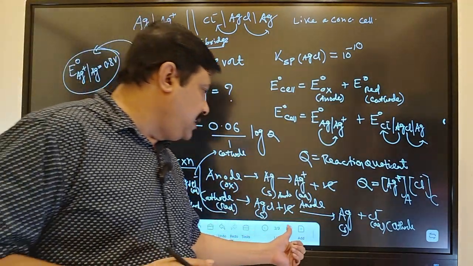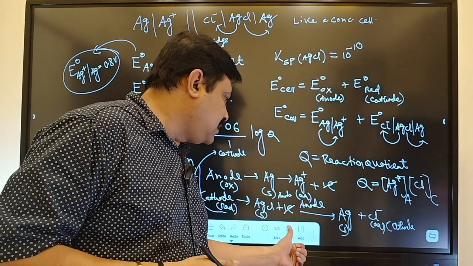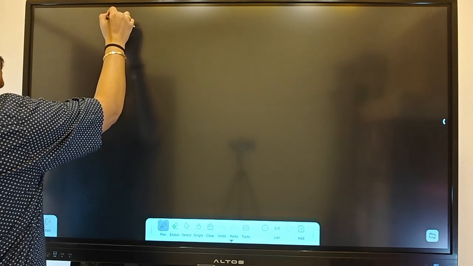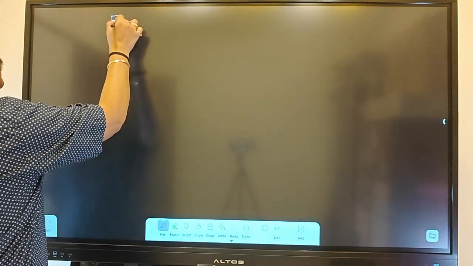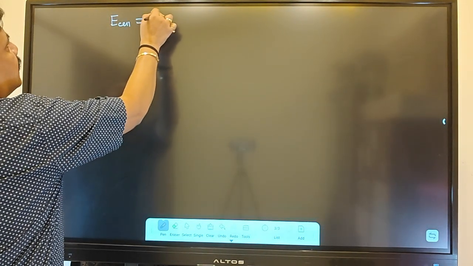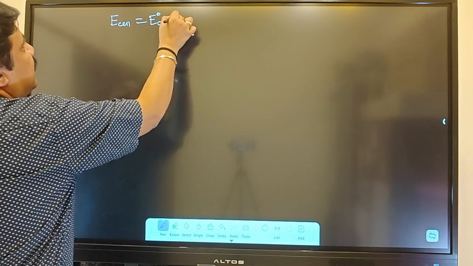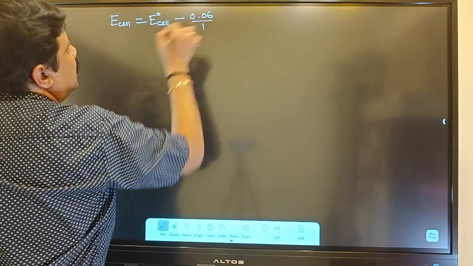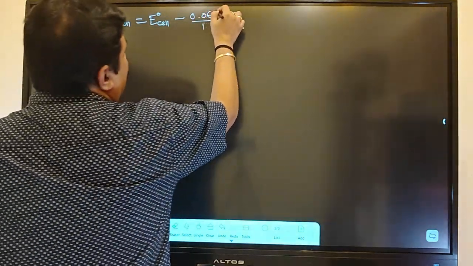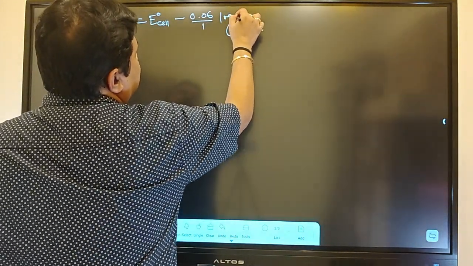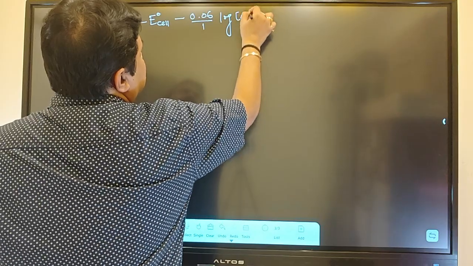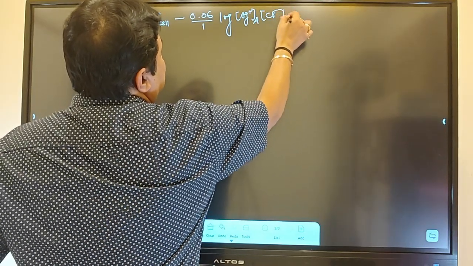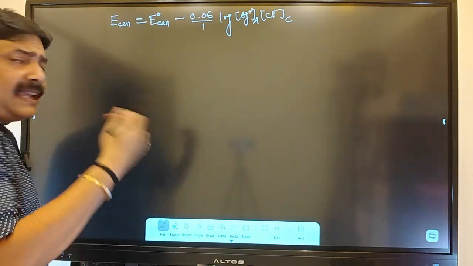Next slide, you look at the next level of explanation. E cell equals E naught cell minus 0.06 by 1, and log of Q equals silver ion concentration at the anode into chloride ion concentration at the cathode.